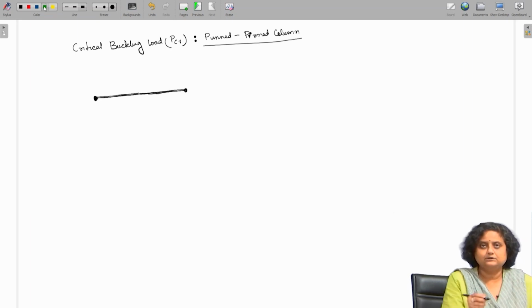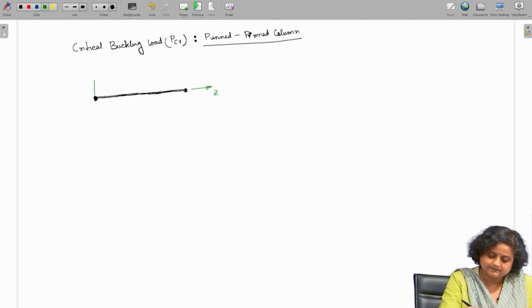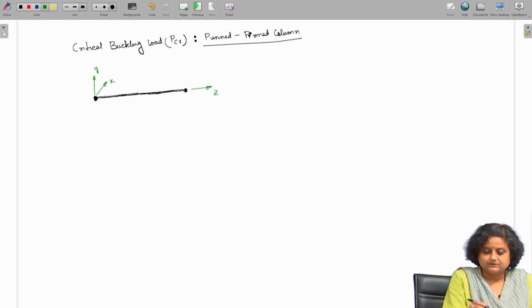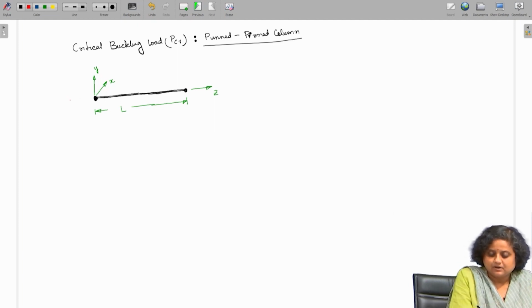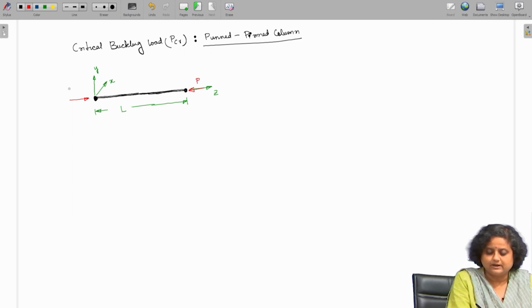Let me draw the axis. So, this is the Z axis or the lengthwise axis, this is the Y axis, and this is the X axis. Now, this is the length of the column L, and an axial compressive load P is applied at the two ends of the column.